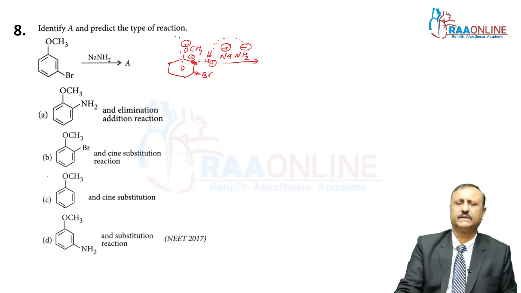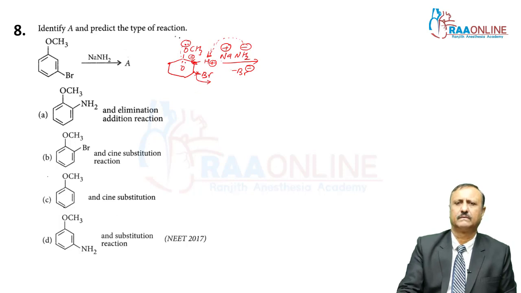Here, my dear students, when this NH2 minus ion attacks this H plus ion, at that time you can see this bromine accepts the electrons and is converted into a bromide ion.